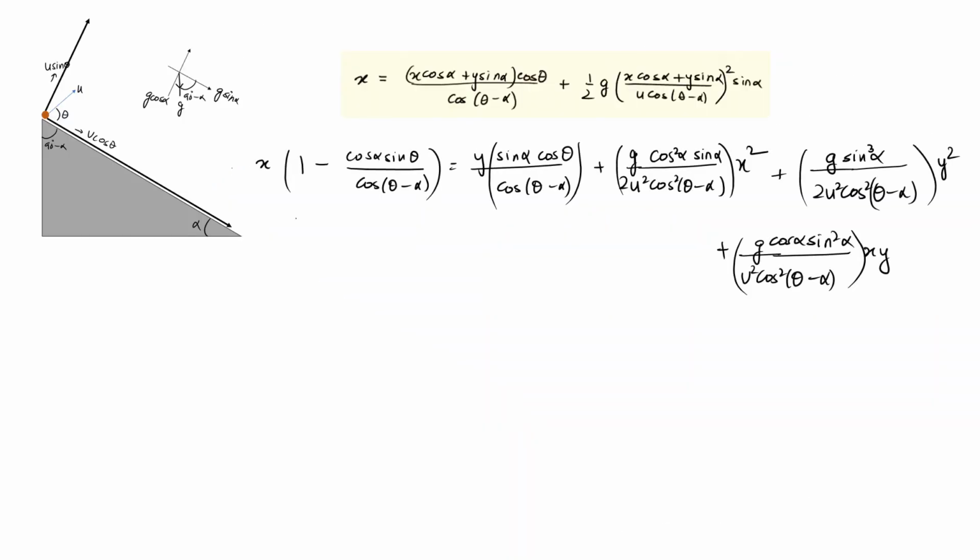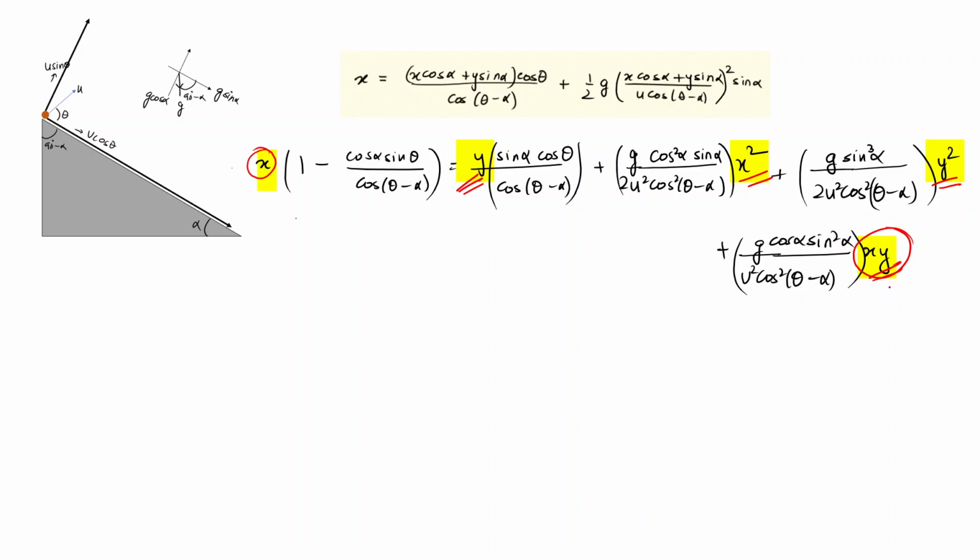What you can see here is that if you expand it, you will get an x term, a y term, an x squared term, a y squared term, and there will also be an xy term. You can feel it, take a look at it. There will definitely be an x term and a y term, an x squared and y squared, and xy.